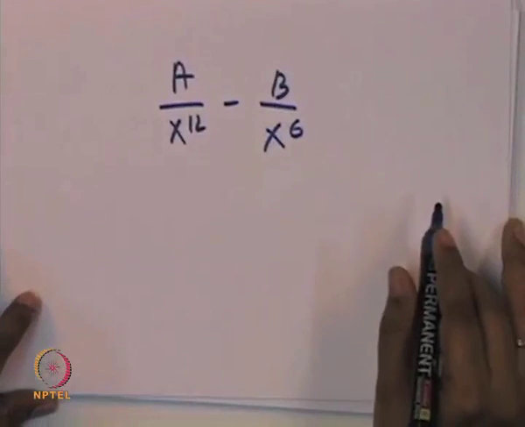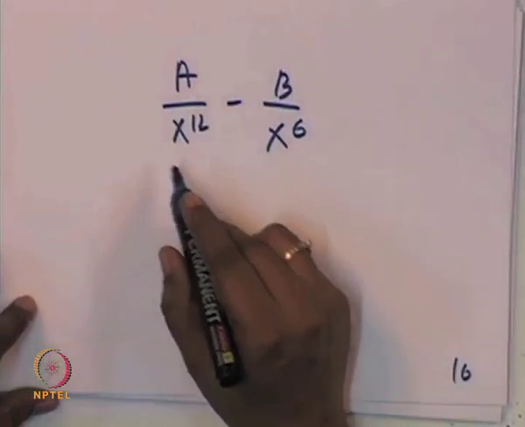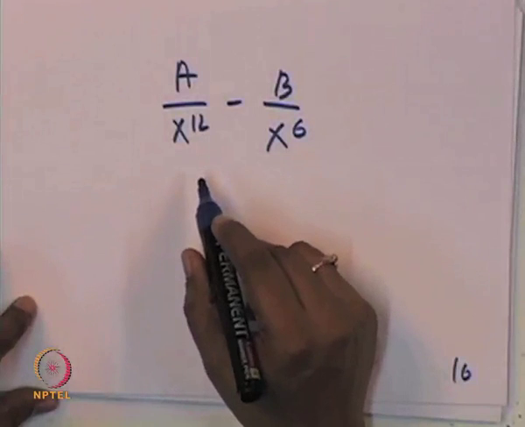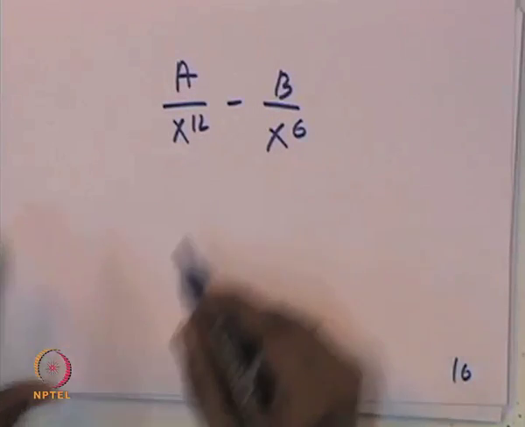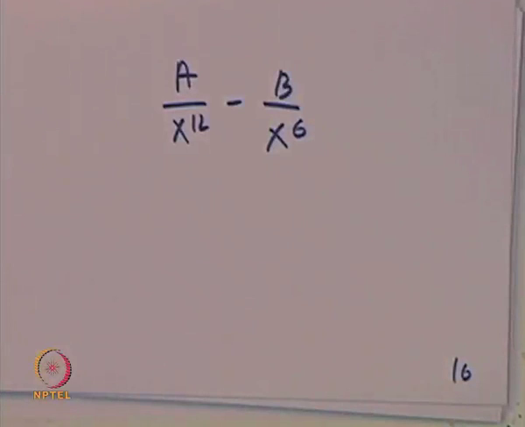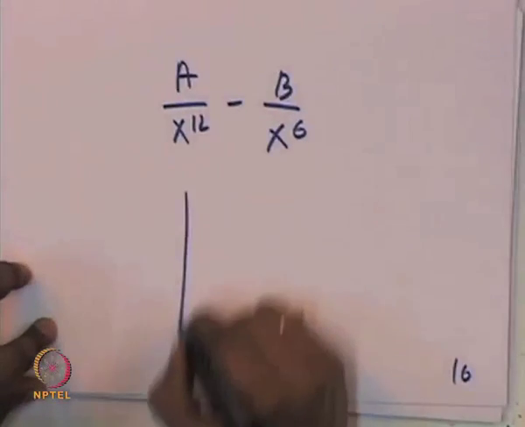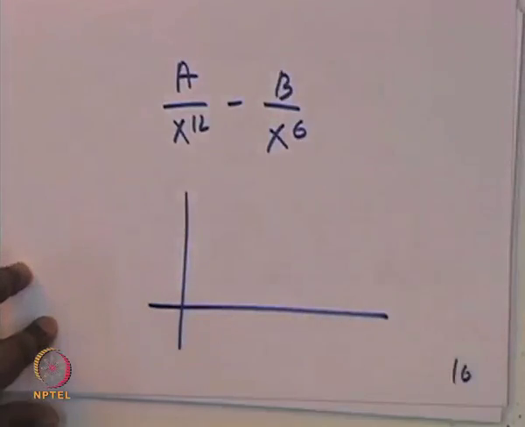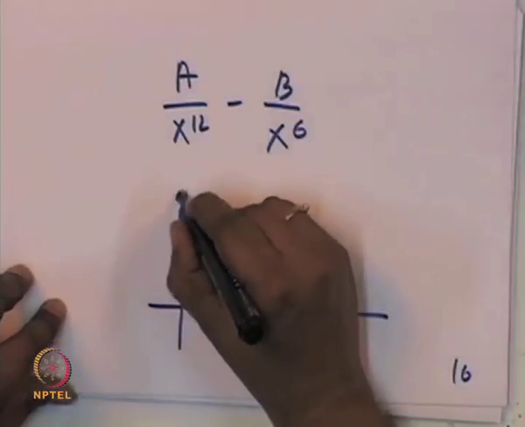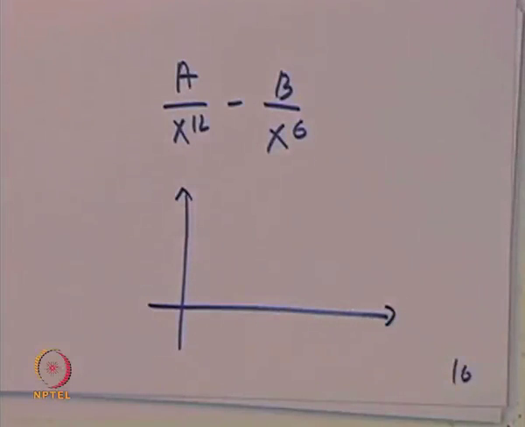This is our function, and if you put x equal to infinity, what happens? But one thing which you should understand: we are plotting this function, which basically represents the distance between two atoms, the interaction of two atoms. When you say two atoms, the closest the two atoms can come together is 0. There is nothing called a negative distance between the two atoms.